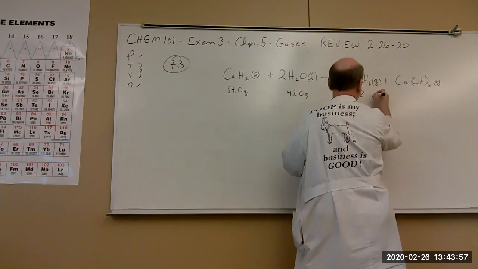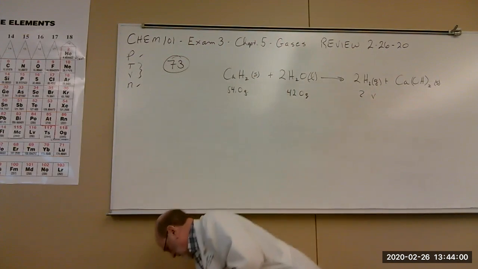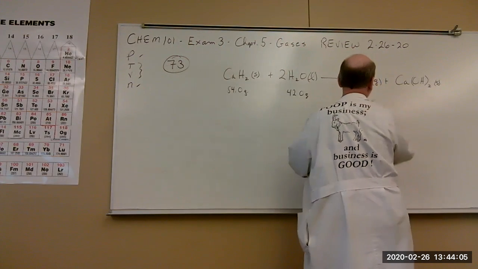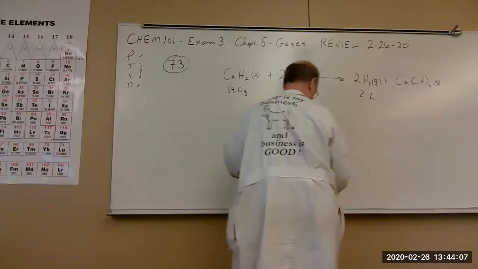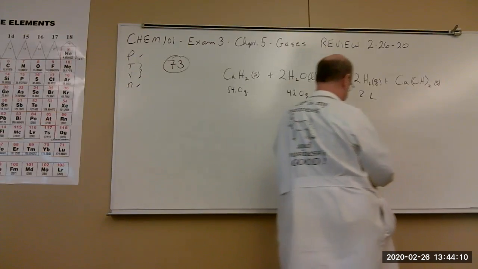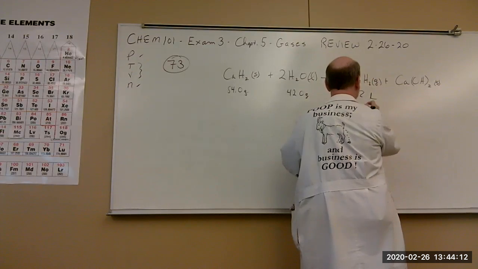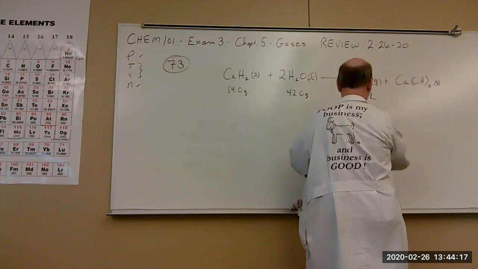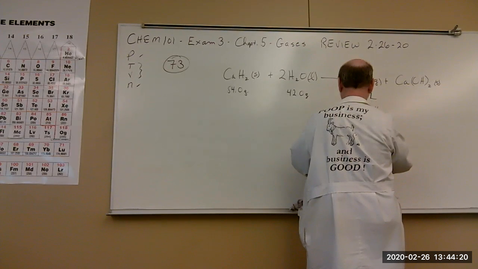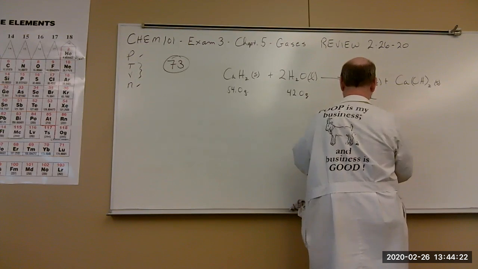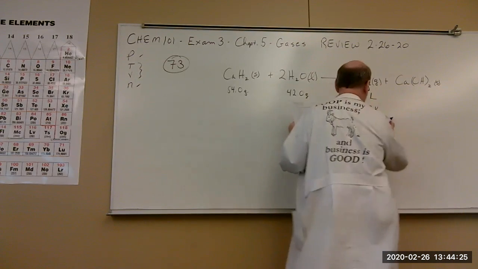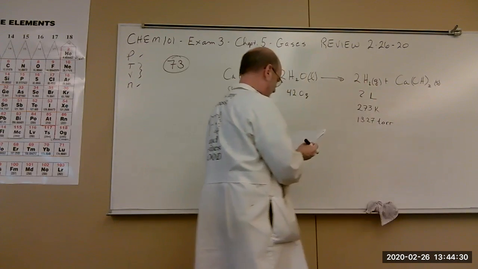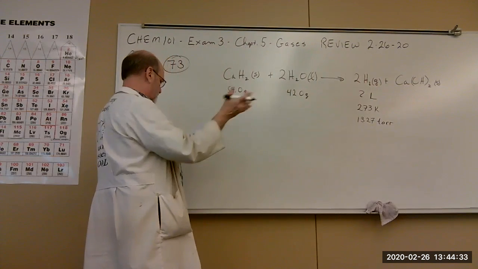So we want volume. The answers are all in liters. So we don't know how many liters of that are produced under what conditions. So the conditions are 273 K, 1327 torr. Okay. That's everything that's given.